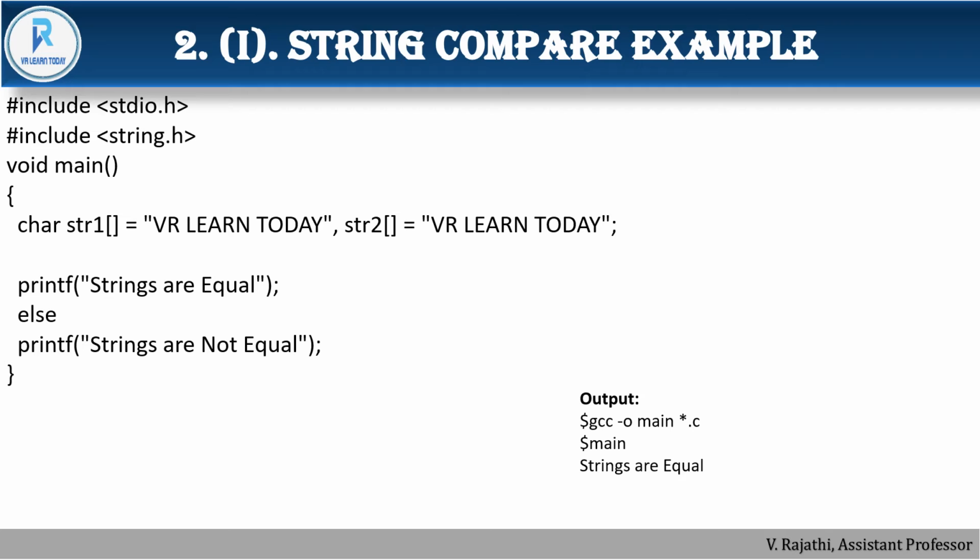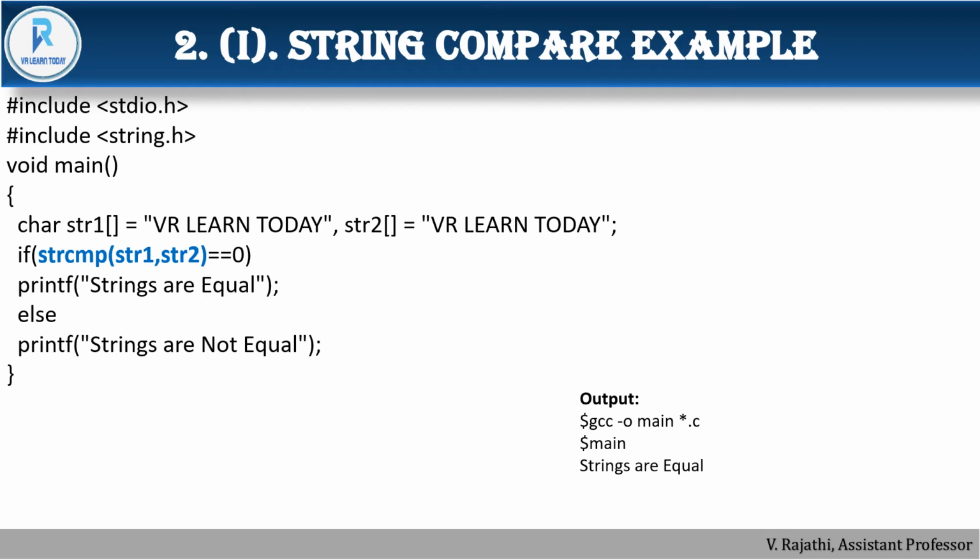See, this is the example. Here I am just including the header file string.h, and after that we are declaring the strings, and then we are checking, because we know this function returns only certain values: 0, or positive or negative values. So our aim is, if the result is 0, the strings are equal.